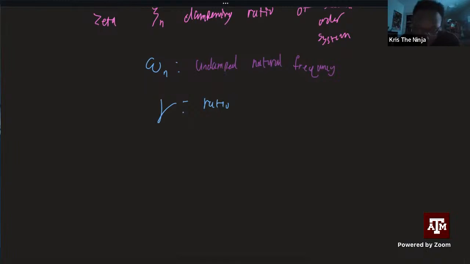It's important to note that at the beginning of the S squared, you want to have 1 times S squared plus 2 zeta n omega n S plus omega n squared.